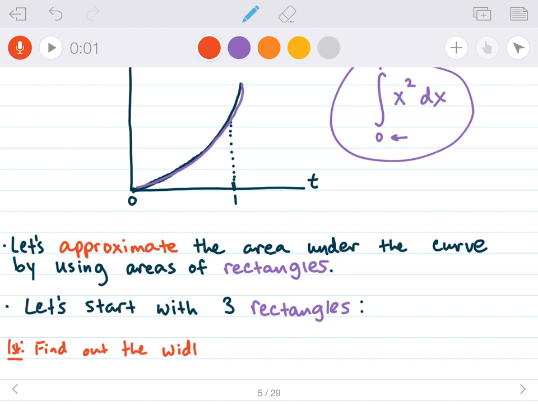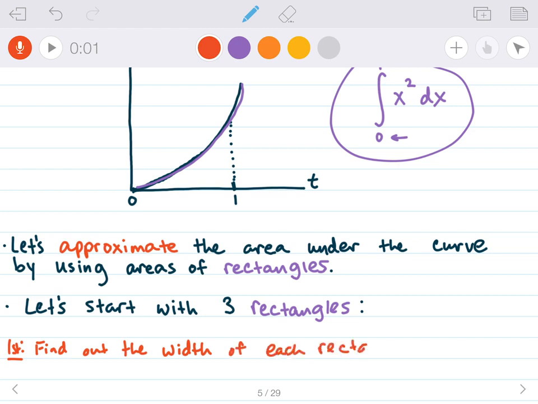They're all going to be the same width to keep things easy. If you carry on with math and take some math classes in grad school, you're going to integrate using rectangles that have different widths. But here, let's just keep it simple.